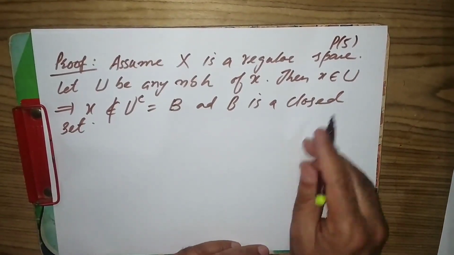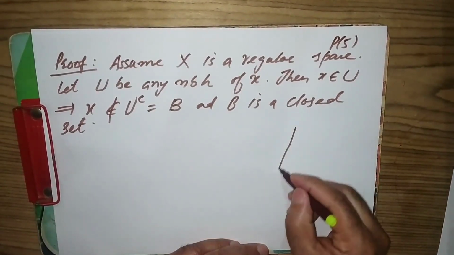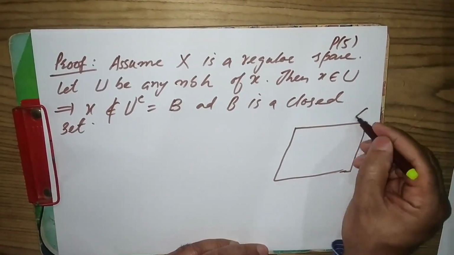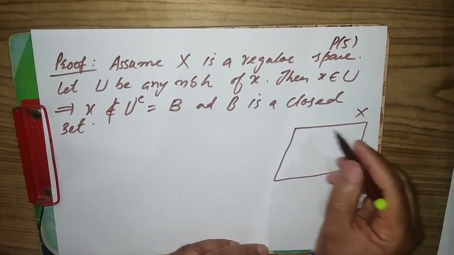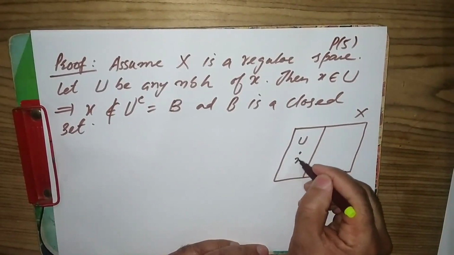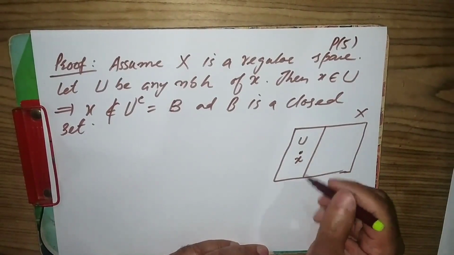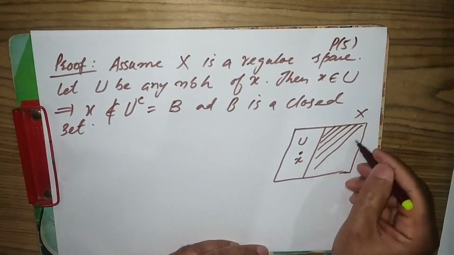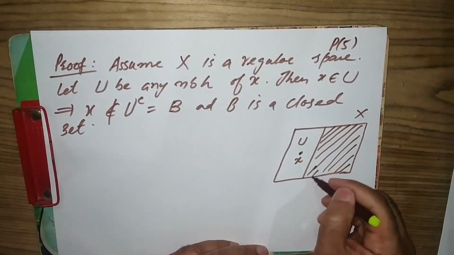So here suppose this is our space, which is a regular space, and suppose this is U, and x is here, x is a point in U. And this is U complement, that we denote by B. This B is a closed set because it's the complement of an open set, U is open.